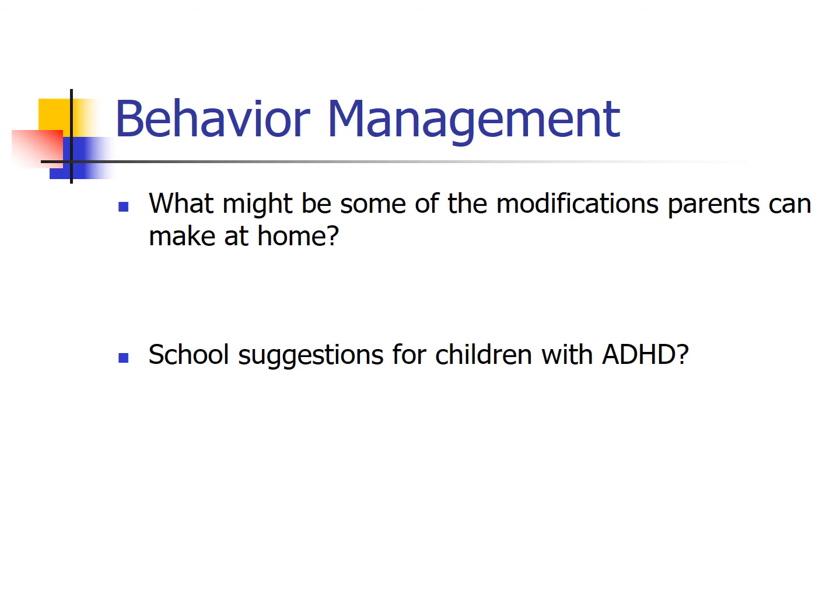So sitting at the front of the class, the teacher providing them with visual cues or reminders, or those behavioral cues, might be a tap on the shoulder, tap on the desk, kind of bringing them back into focus. Providing the child with verbal and written instructions.